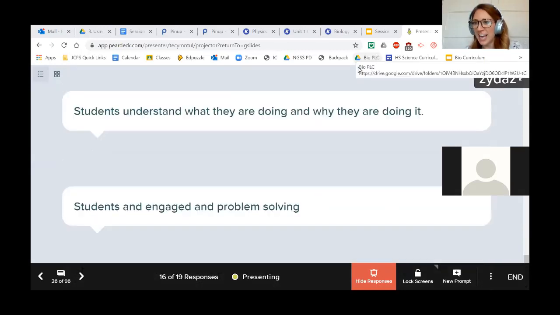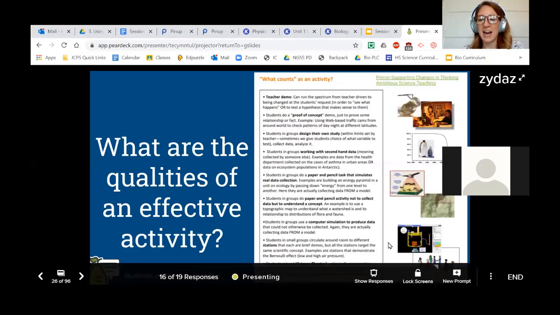So I feel like the trend is student engagement, and I would agree. But sometimes that's easier said than done. And so today we're going to talk about what we really need to do to make our lessons engaging for students and therefore effective.